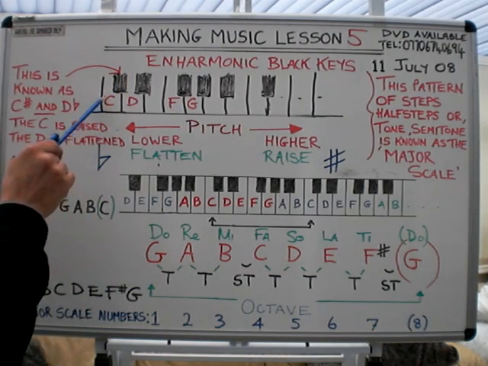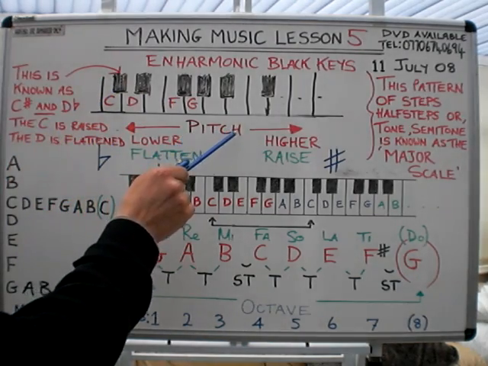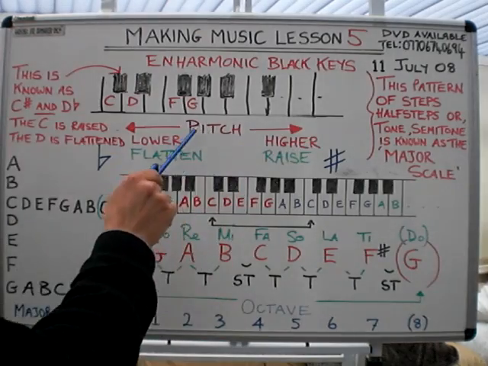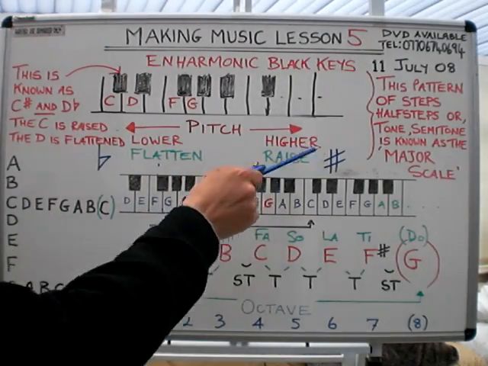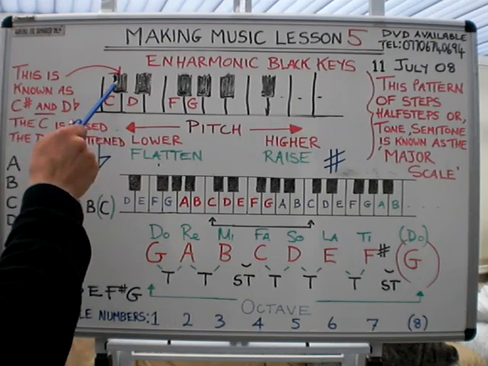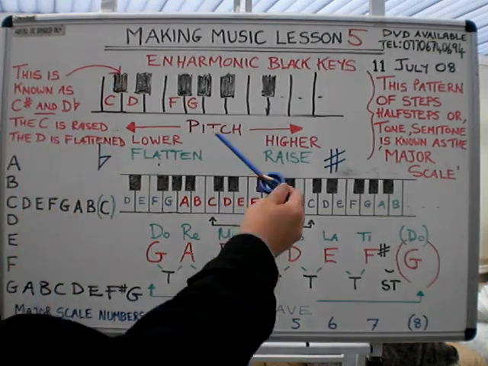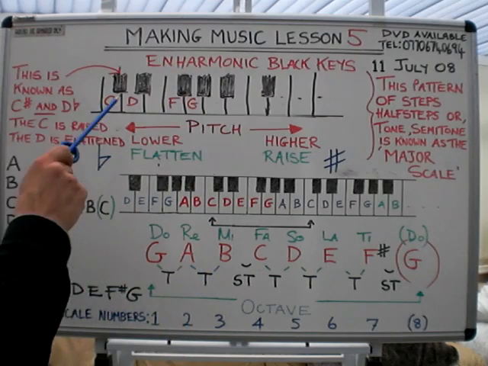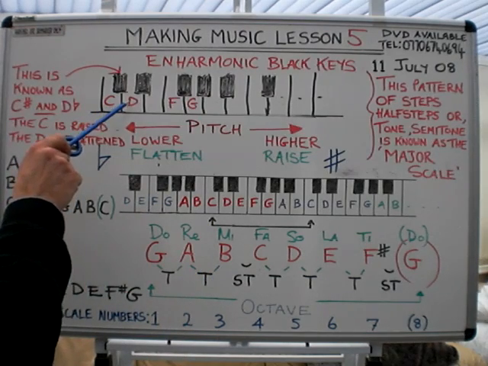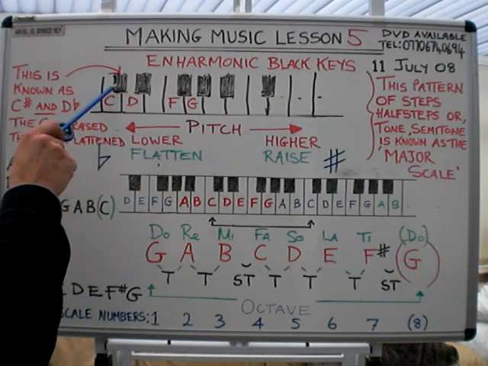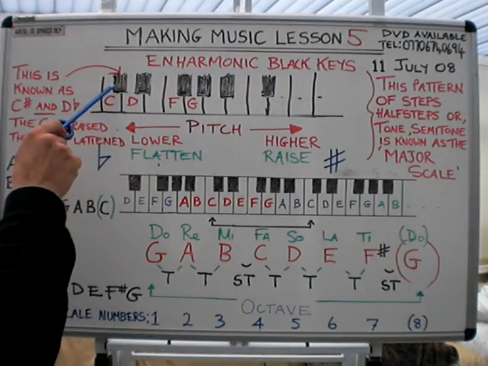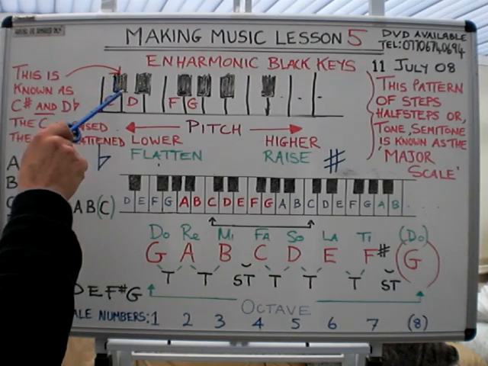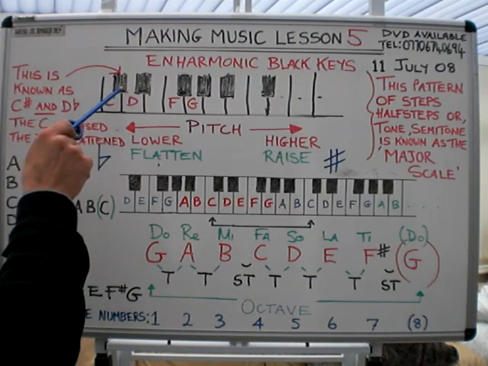From a C, when we're going to the right, we're raising it. When we raise something in pitch, we're getting higher, so we use this sharp sign to say it's raised. If we wanted to go lower in pitch, say from the D, if the D has to be lowered, again it comes to this shared enharmonic black key. It will be called a D flat then.